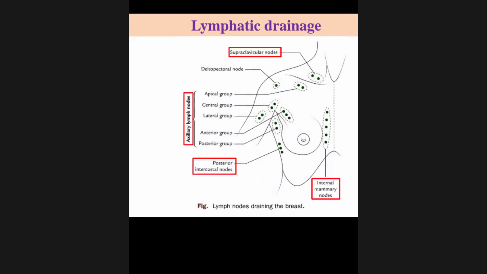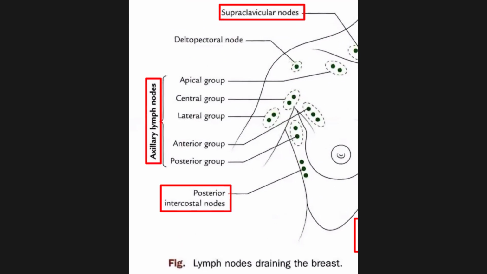The other nodes are posterior intercostal nodes, internal mammary nodes, suprascapular nodes. Sorry, supraclavicular nodes. So the main one is the axillary lymph nodes, and they are arranged into different groups: central group, apical group, lateral group, anterior group, posterior group.